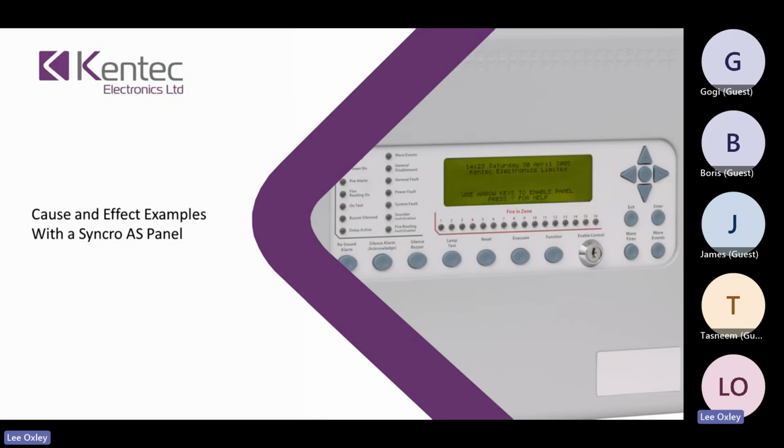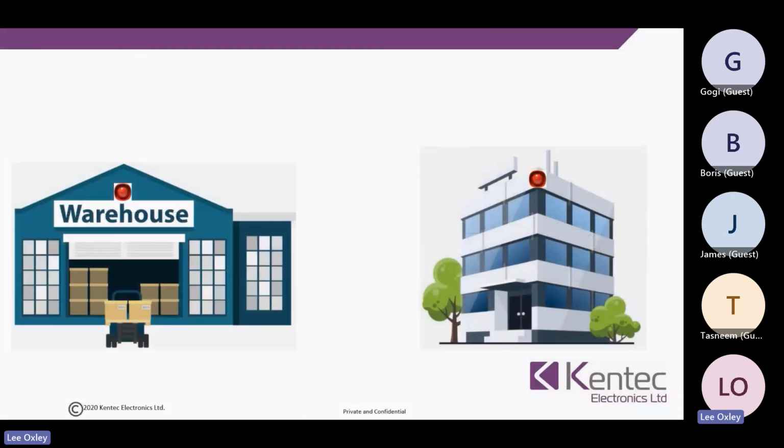Hi, in this video, we're going to take a look at some cause and effect examples with regards using a Syncro AS panel. So for example, we've got a warehouse and an office building, which are next door to each other.